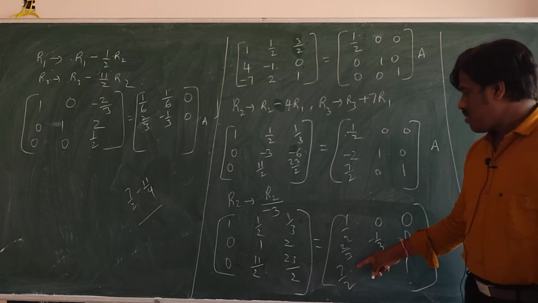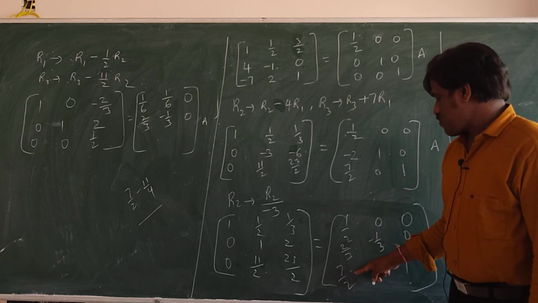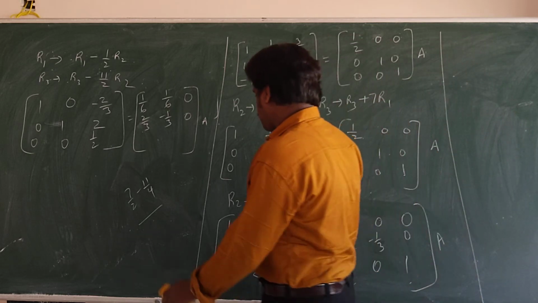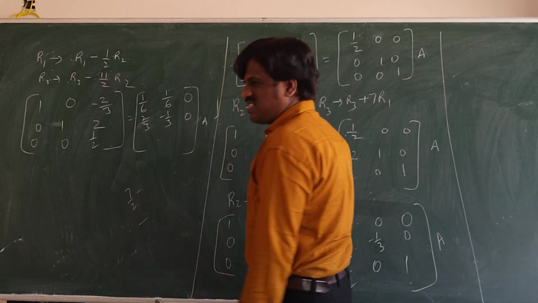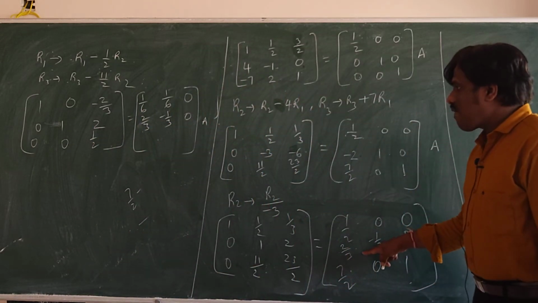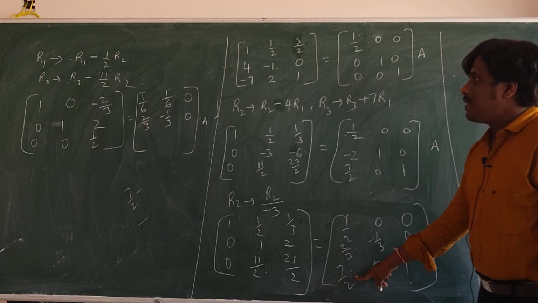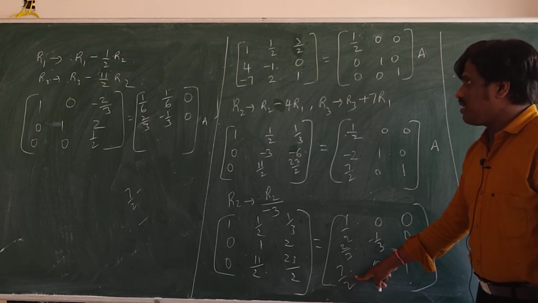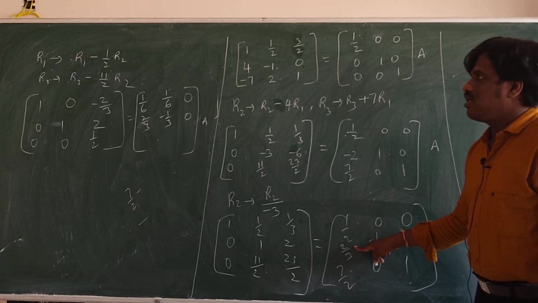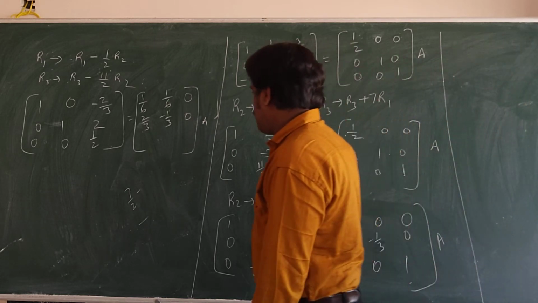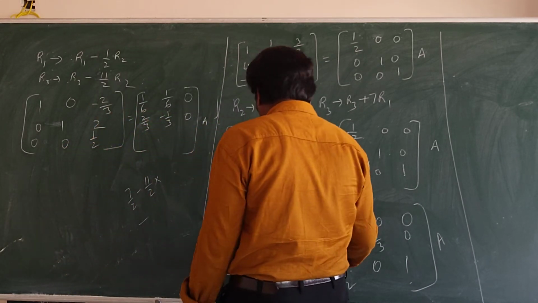Yeah. 2 we are taking. 11 by 2 into R2, 2 by 3 now. 2 by 3. 1 by 3. This one, right? Minus 1 by 2 into 2 by 3. 11 by 2 into 2 by 3.